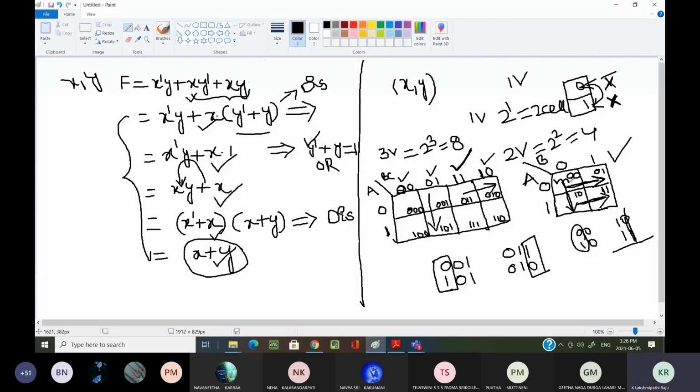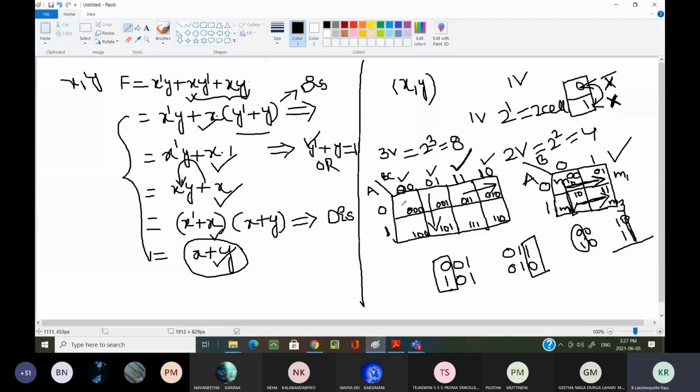M0 here, M1 here, M2 here, M3 here. That is for a 2 variable K-map.